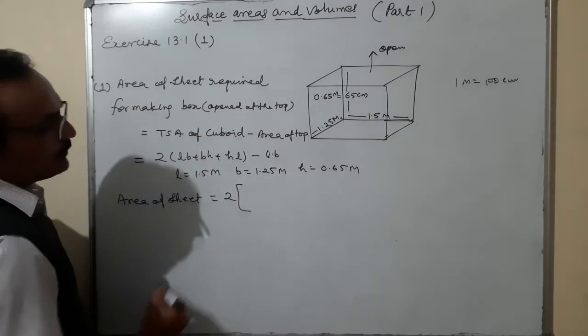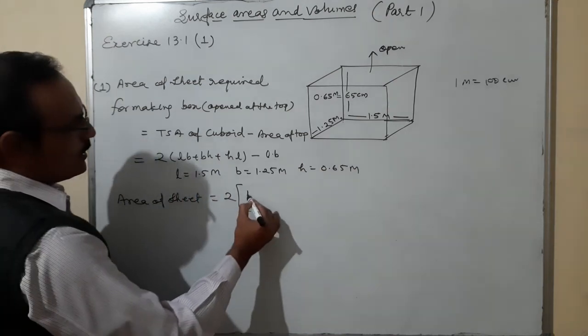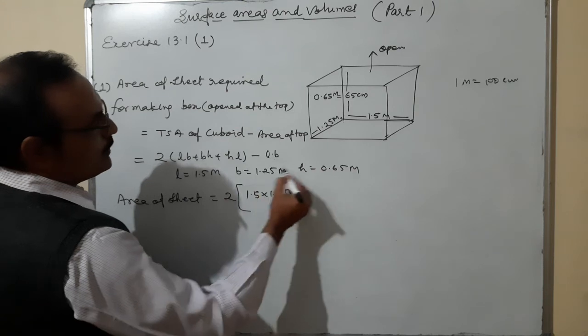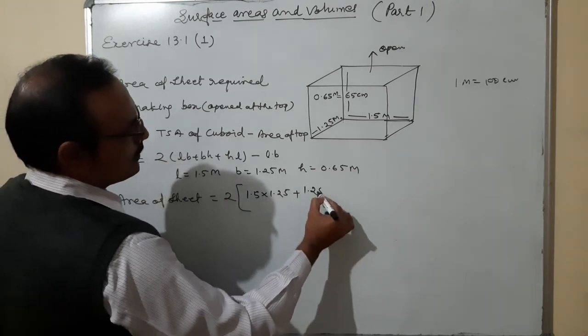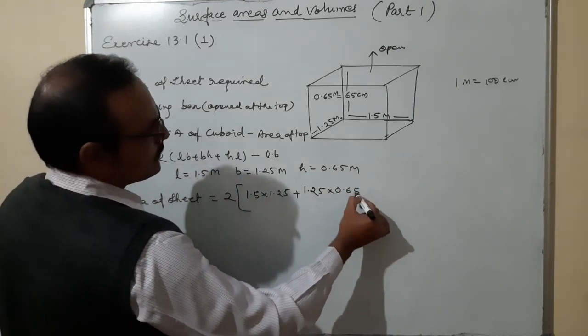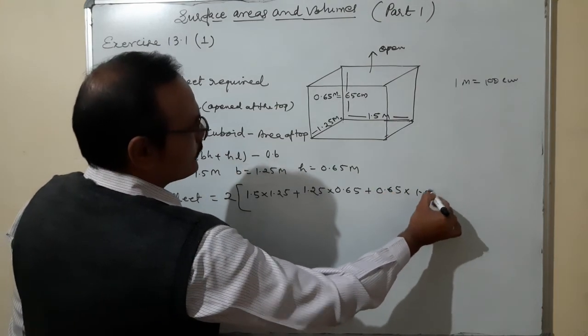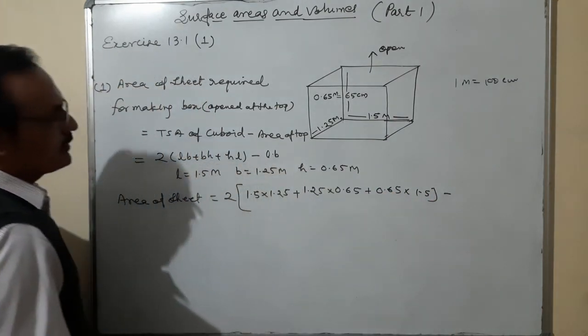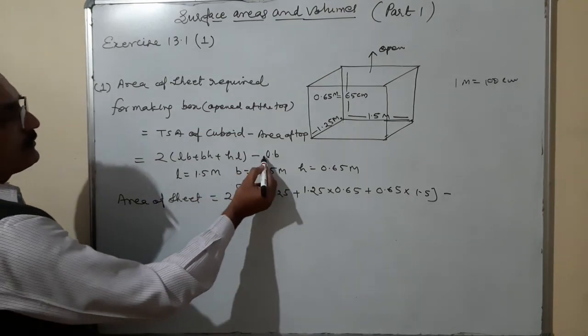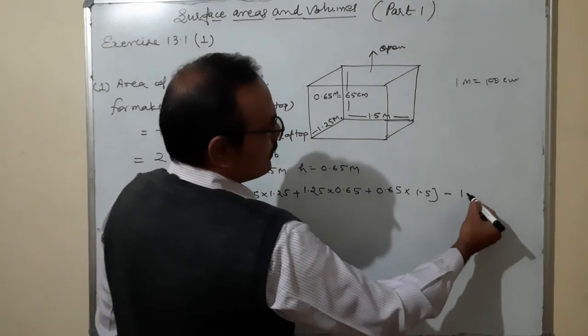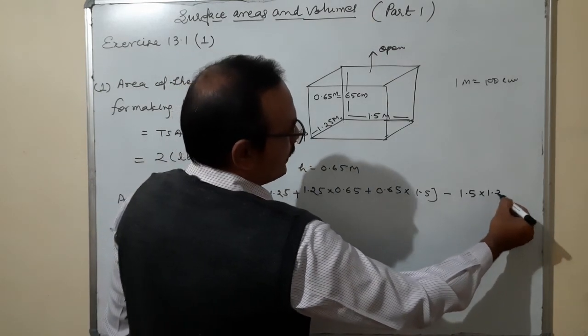2 into LB, length into breadth, 1.5 multiplied by 1.25, plus B into H, 1.25 multiplied by 0.65, plus 0.65 multiplied by 1.5, minus area of L into B, 1.5 multiplied by 1.25.